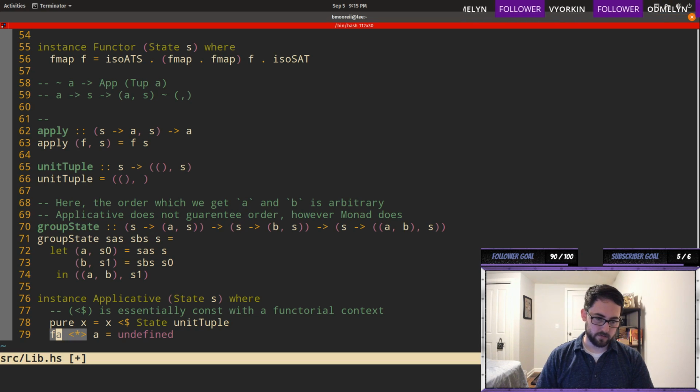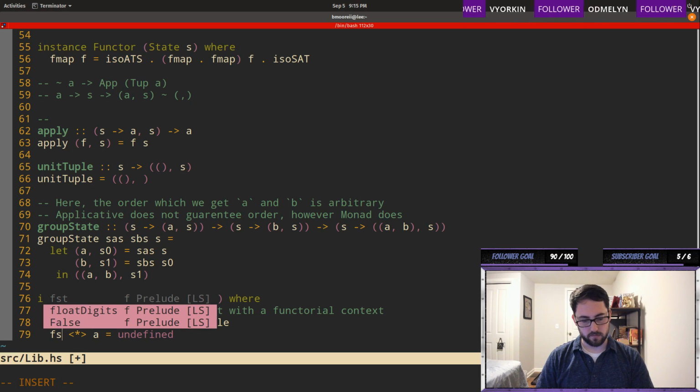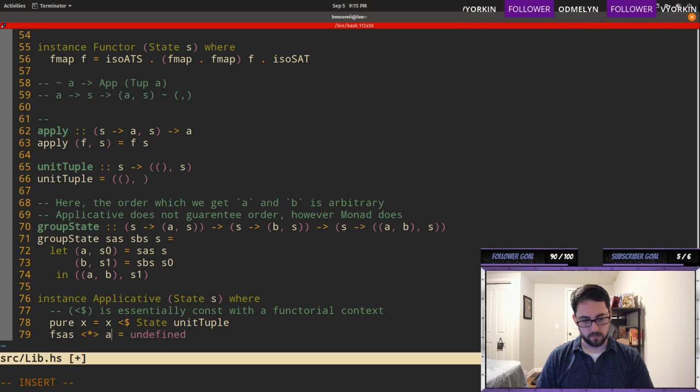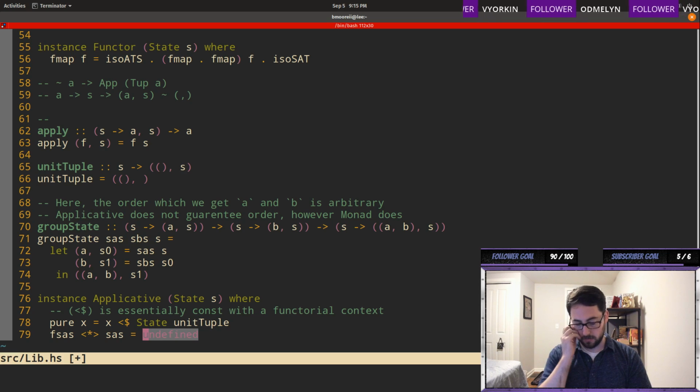So what is this thing? This is going to be f state, and I assume I'm going to use the ISO here, right?